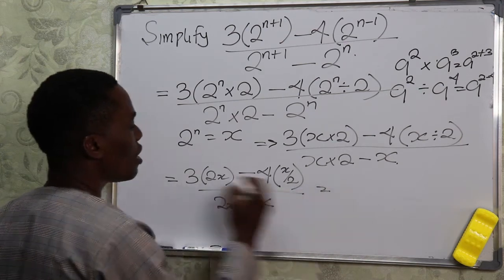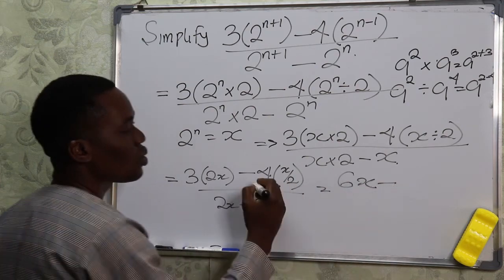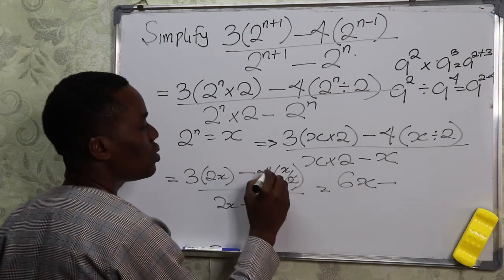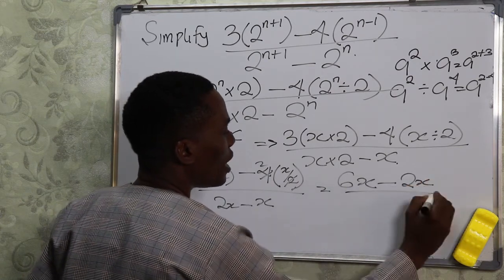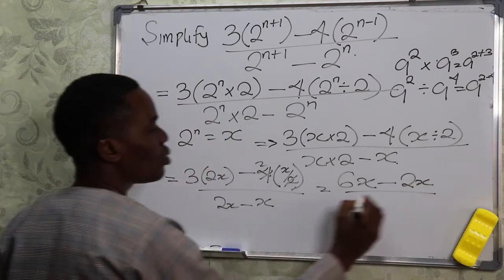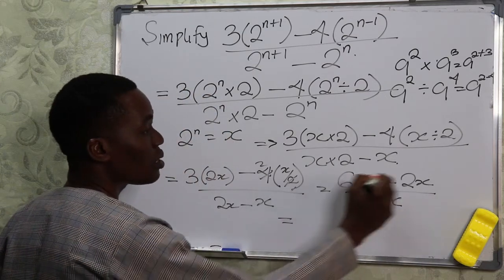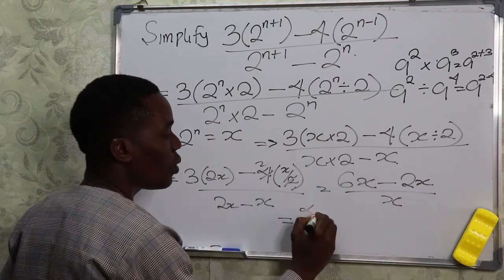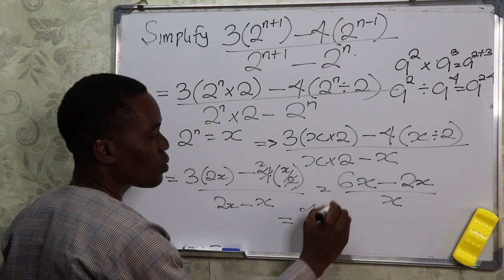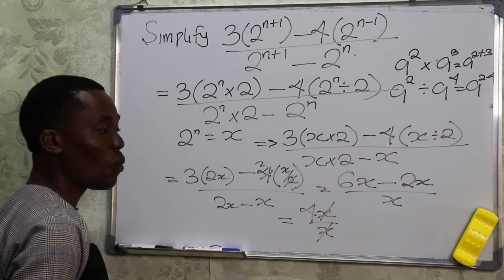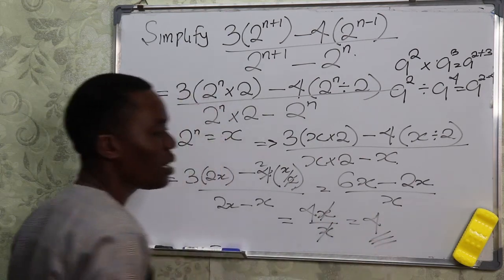So this times this will give you 6x minus this times this one, this will cut here to give you 2x, divided by 2x minus x, which will give you x. Now 6x minus 2x will give us 4x divided by x. Now x will cut x, and what is remaining is our 4 as our final solution.